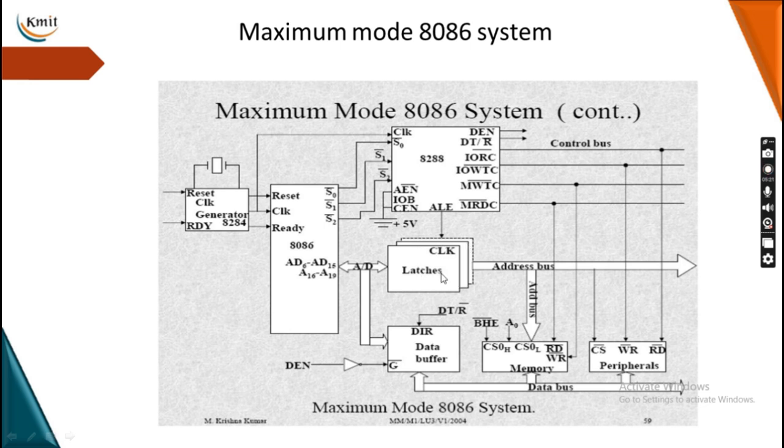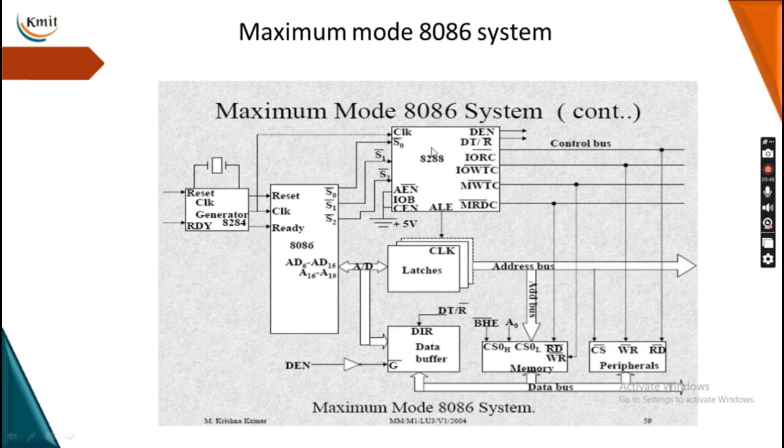To see what the difference is in minimum mode and maximum mode: depending upon the selection lines S0, S1, S2 being given to the controller, which is the 8288, this is the additional processor being used, and it is controlling all the processes which 8086 needs to do.